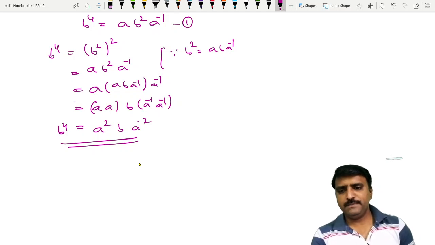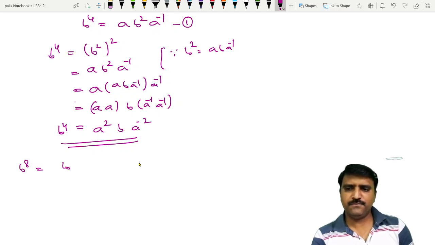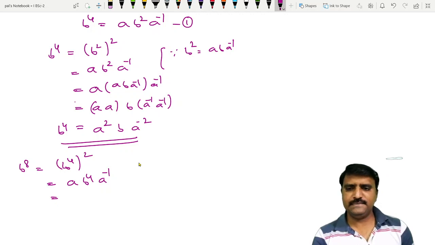So then what is b to the power of 8? B to the power of 8 is again b to the power of 4 whole square. So you can write b to the power 4 whole square is a b to the power of 4 a inverse, which is equal to, what is b to the power of 4?